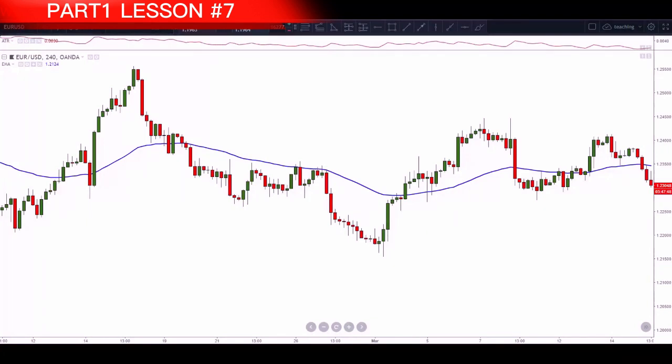What the 50 EMA does is gives us a non-subjective way to pick which direction we want to trade. And that's the importance of this moving average. It's not the best moving average out there. I don't know what is. I haven't tested enough moving averages to really be able to answer that question, but I know that utilizing this 50 EMA as a bias to give me which direction I'm going to be trading on this specific strategy, combining that with the specific rules we're going to talk about in the transition phase for the pullback strategy, combining all that together to make a strategy does give me an edge over the market.